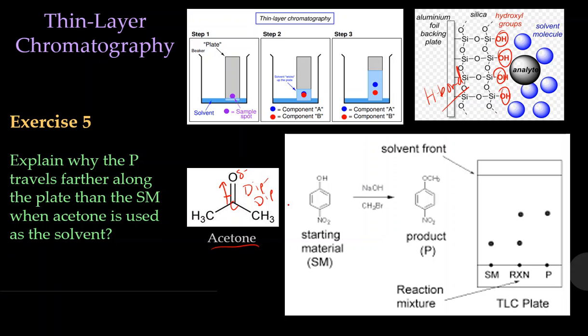Now let's look at our 2 materials. We have our starting material and our product over here. They have 2 components that are pretty much the same. We have a benzene ring and a nitro group. Now this nitro group is definitely polar, and these will be dipole-dipole interactions down here for this side of the molecule. The benzene rings, of course, are more nonpolar. But if you're looking at the top of these, this is OH.